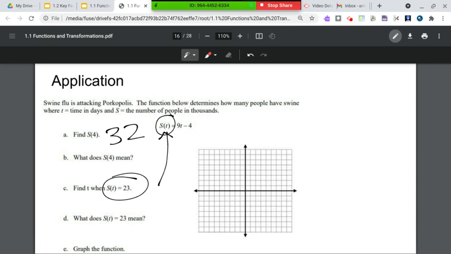So you're going to go 23 equals 9t minus 4. Solve for t. What do you get?